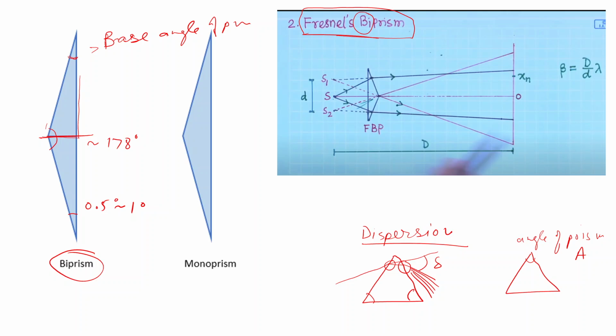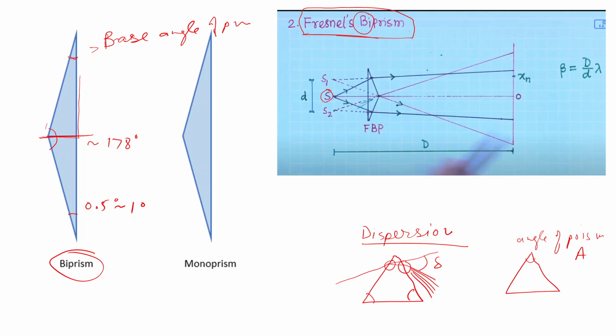So if I have a single source S, and this is my Fresnel's biprism kept here, light from this source will be going in all possible directions. Let's consider one ray going in this direction. It will refract and pass, and the emergent ray will be in this direction. If I extend it back, it will reach somewhere, S1.